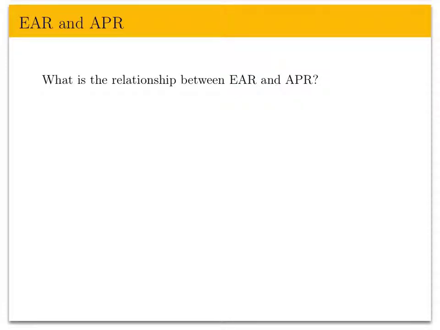So now let's consider what the relationship is between the effective annual rate and the annual percentage rate. Remember that the period return, little r, is the APR over the number of time periods. All I did was manipulate the equation that says APR is equal to n times r, right?